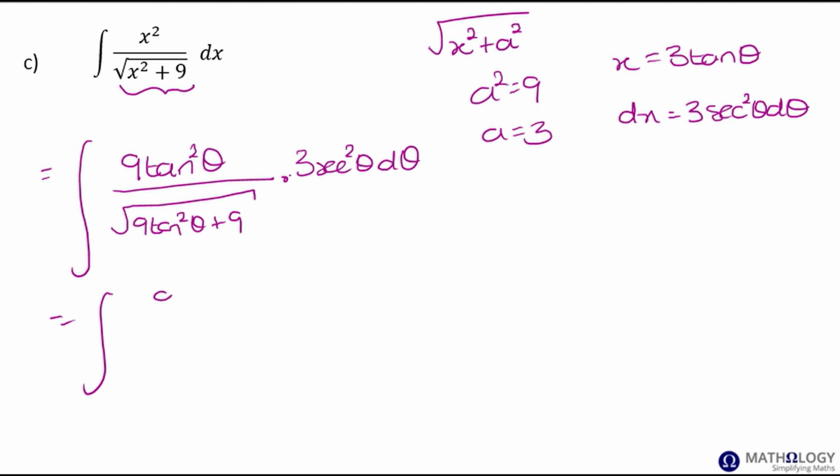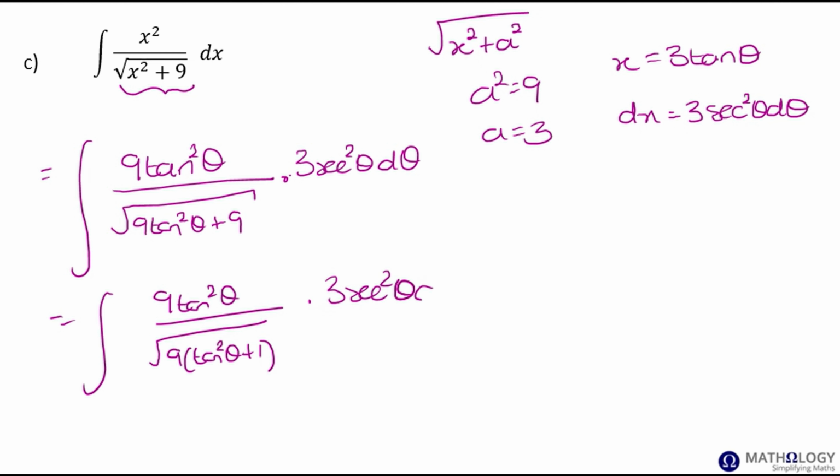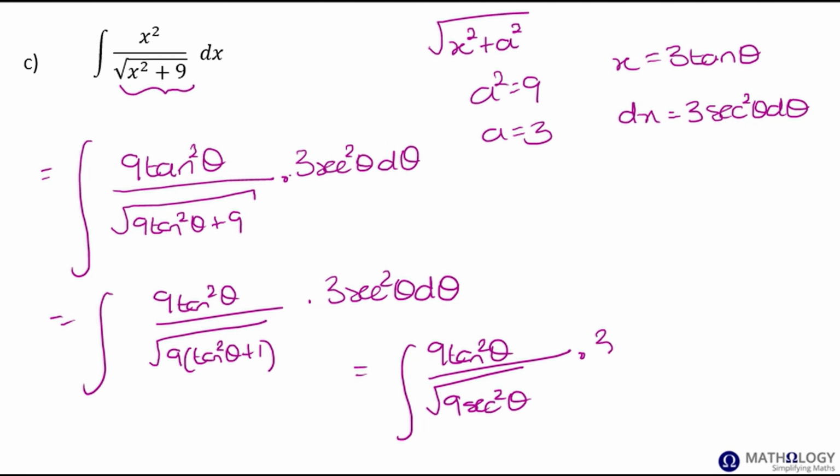That equals the integral of 9 tan squared theta over the square root of 9 times tan squared theta plus 1 times 3 sec squared theta d theta. That equals the integral of 9 tan squared theta over root 9 tan squared theta plus 1 is sec squared theta times 3 sec squared theta d theta.